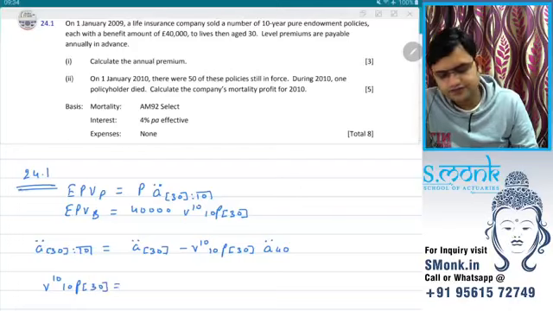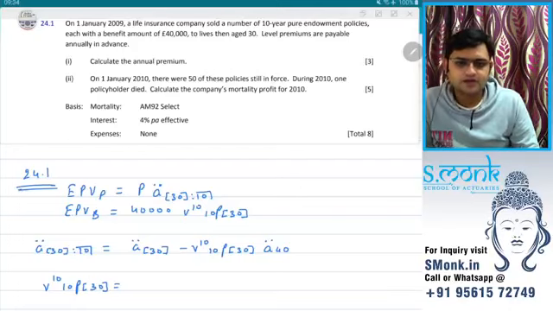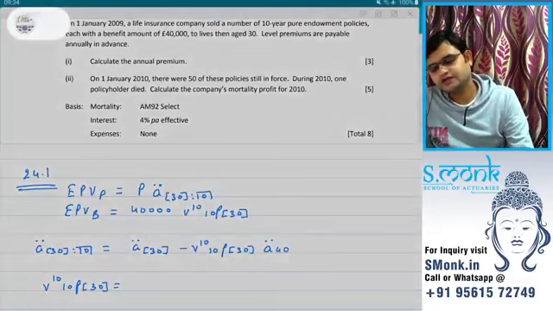We are talking about 4%, so this would be D40 by D select 30. Use that.